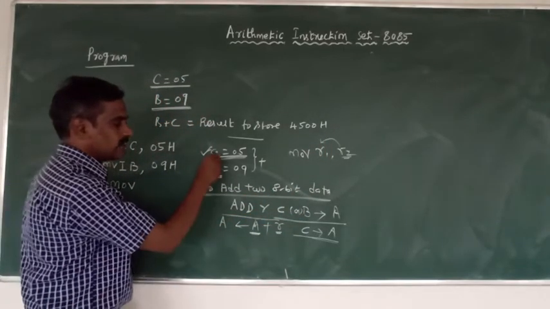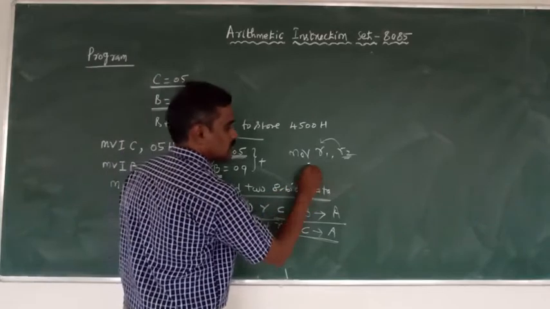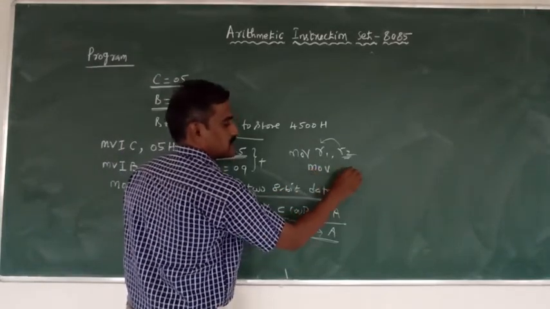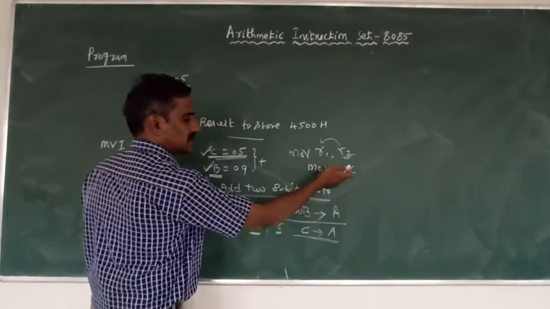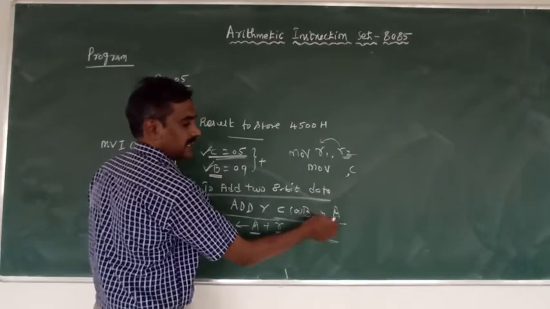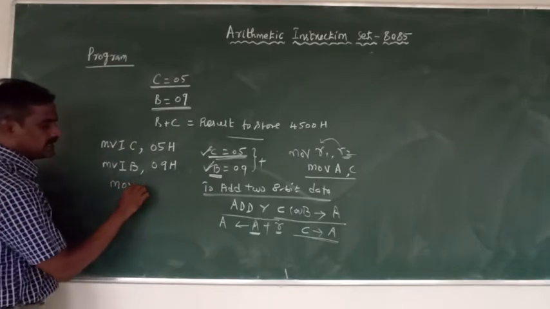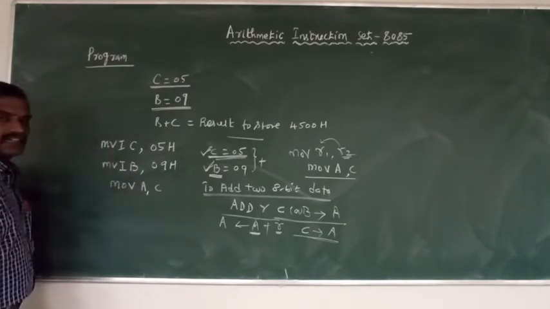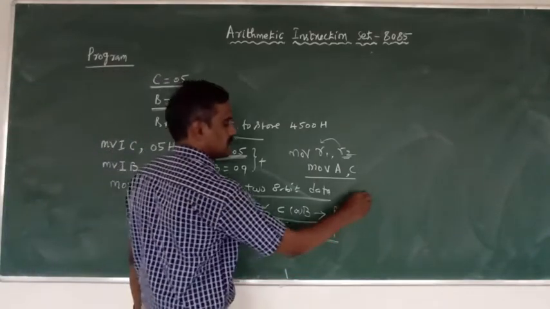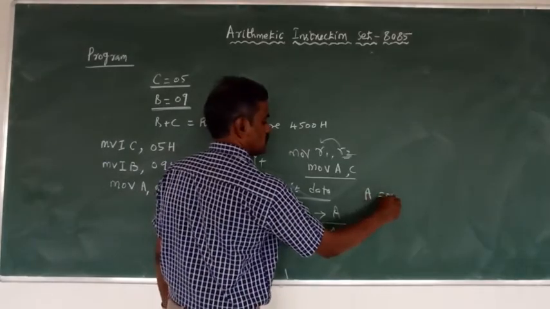The data is available in C register, so we use MOV A, C. Now register A equals 05.